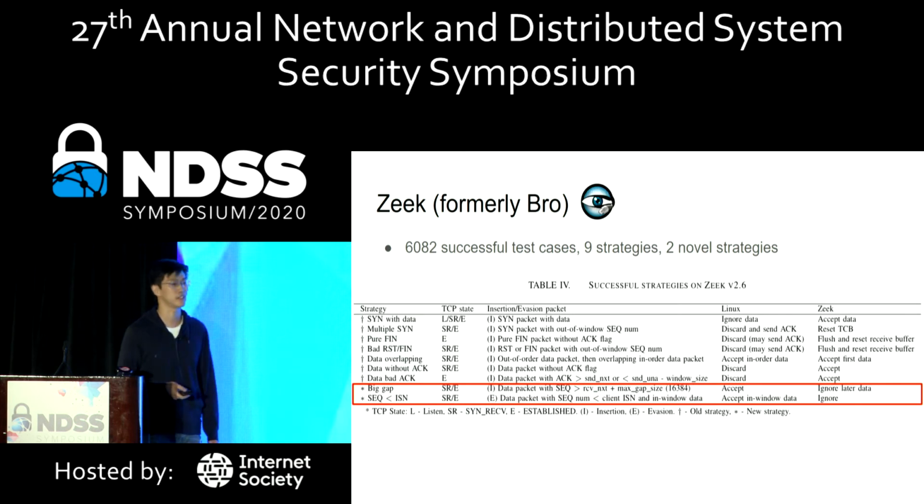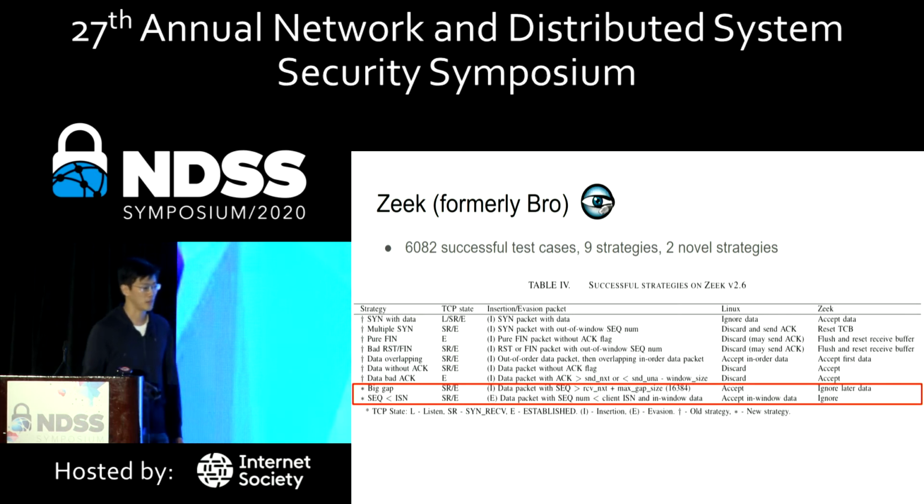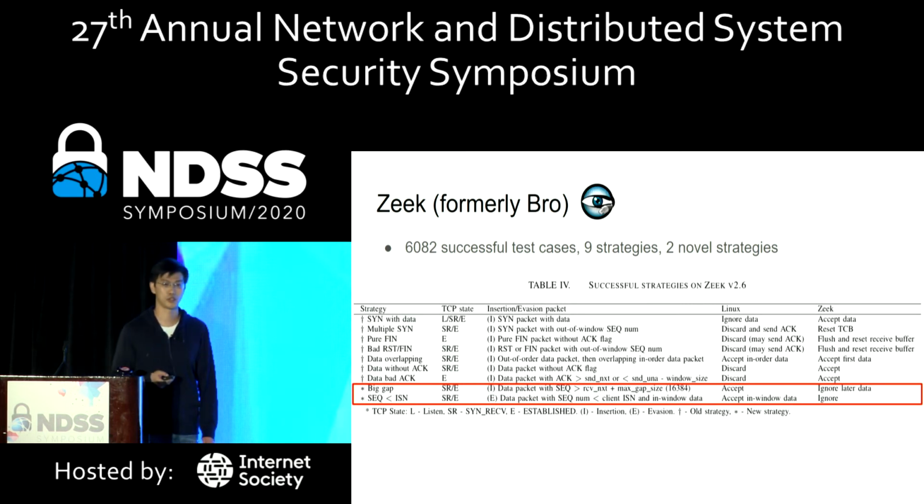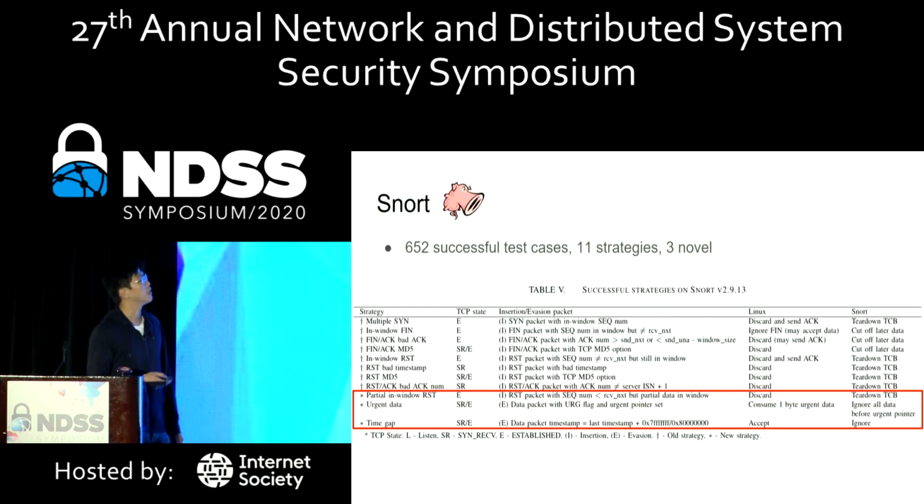The first is Zeek, formerly known as Bro, and we found around 6,000 test cases can succeed, and we summarize them into 9 strategies, and 2 of them are novel strategies which haven't been reported in previous literature. We also evaluated against Snort.